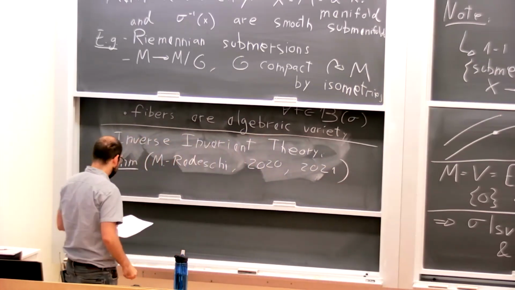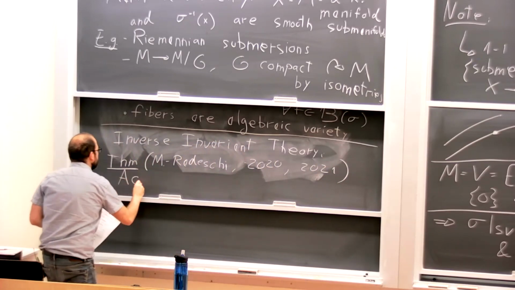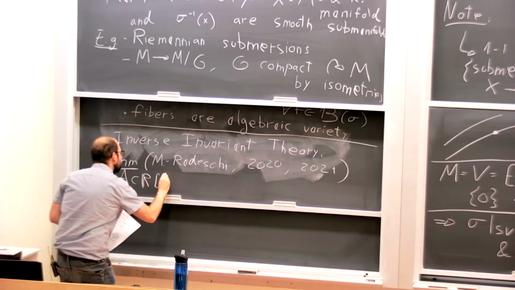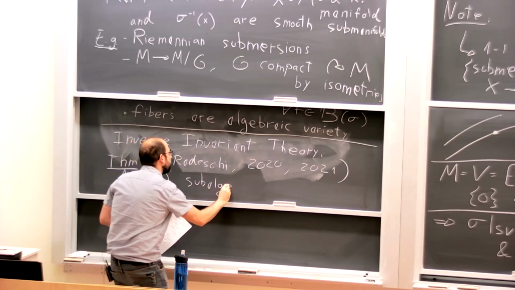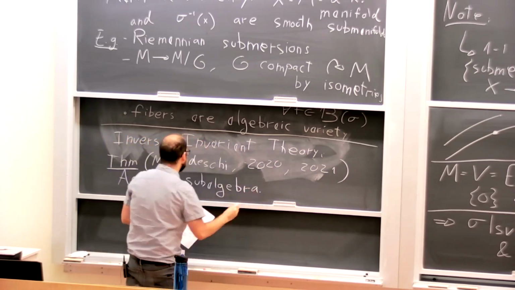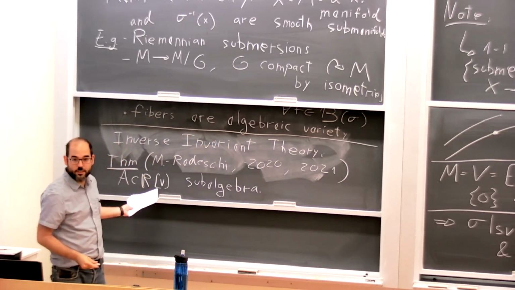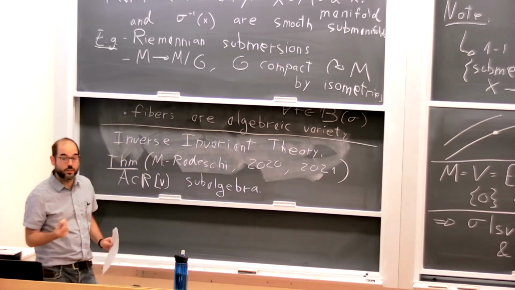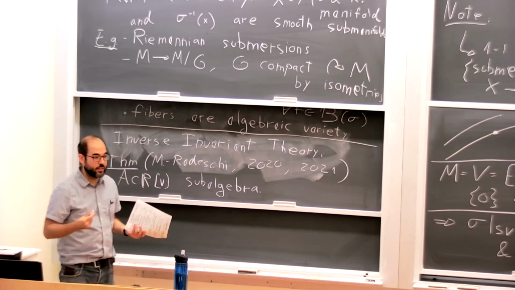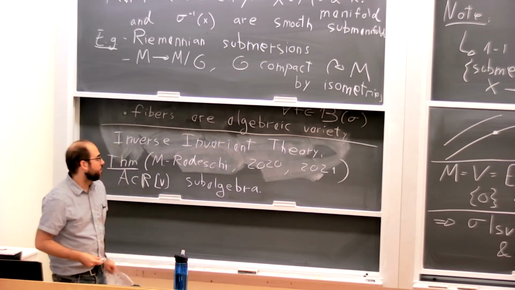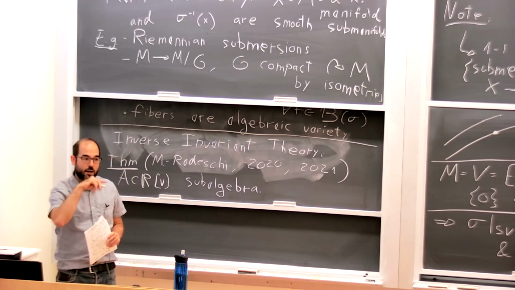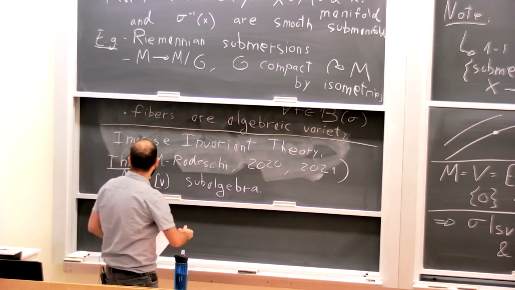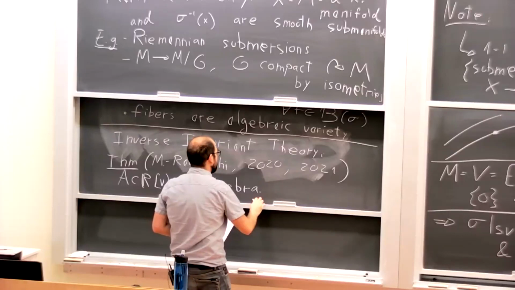It says that given a subalgebra like this, it is the algebra of basic polynomials of some manifold submetry if and only if it's what we call a Laplacian algebra, which is an algebra that is invariant under the Laplace operator and contains r squared, the distance squared to the origin.